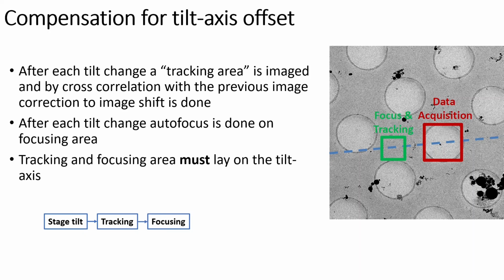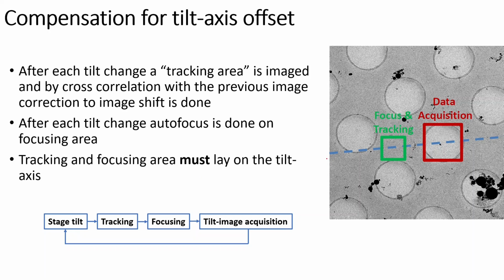You perform focusing to know how the focus offset changed, and then you acquire a tilted image. And this is what you do over and over until you finish your tilt series.